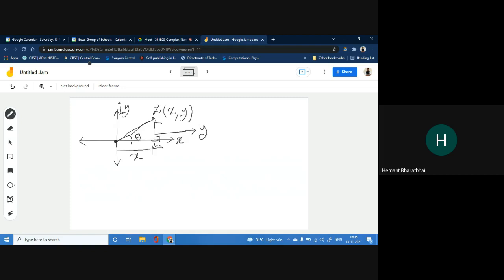By applying trigonometry, I can write sine of theta is equal to, this is going to be iy, or I can just simply write y, because if I'm talking about a complex plane, I can just write it as y.